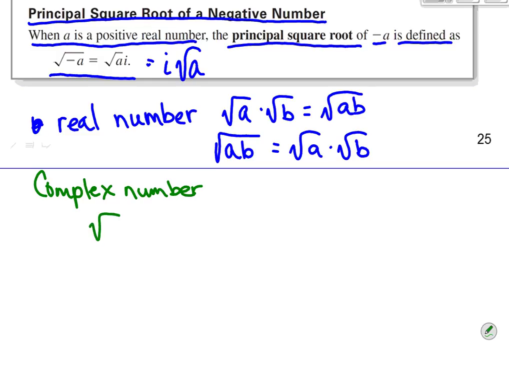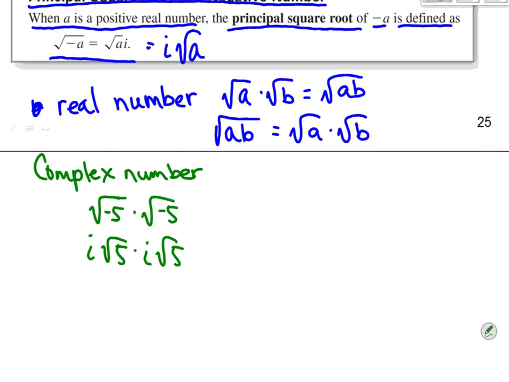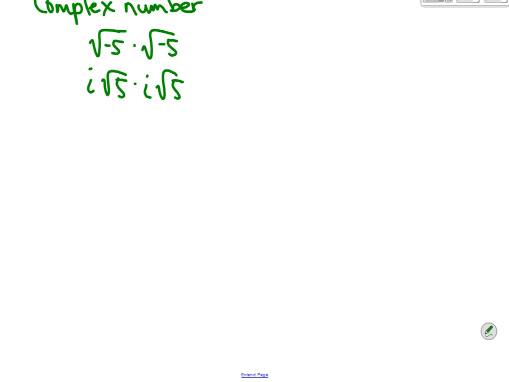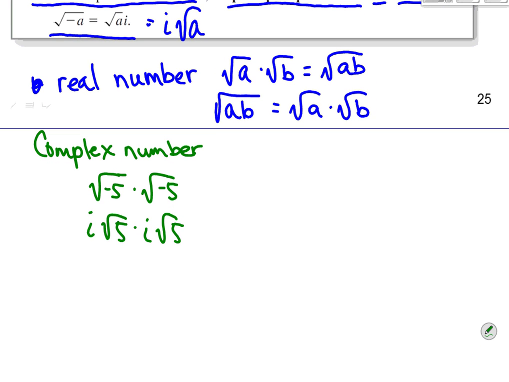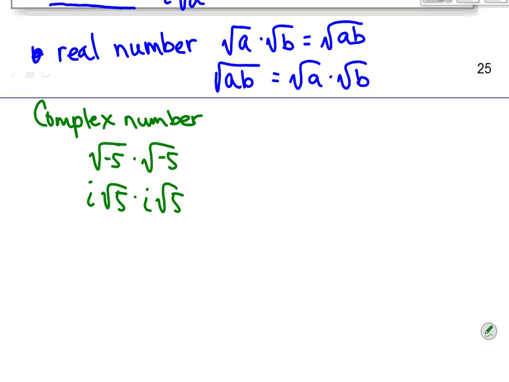So if I have the square root of -5 times the square root of -5, I have to think of that as i the square root of 5 times i the square root of 5. That's going to be i squared times the square root of 5 times the square root of 5.